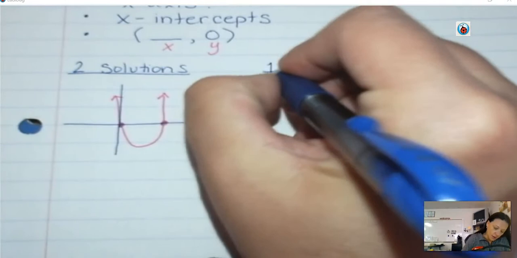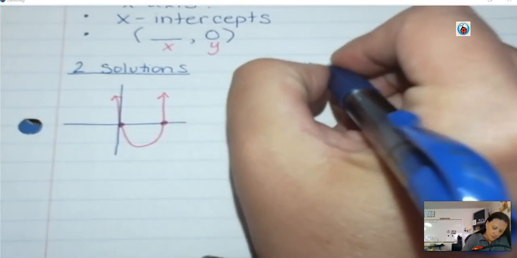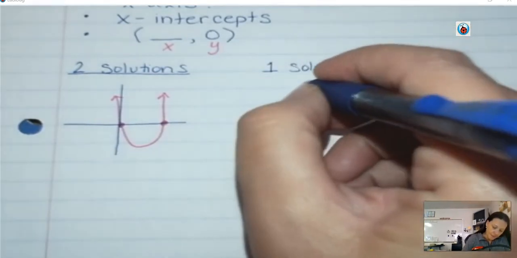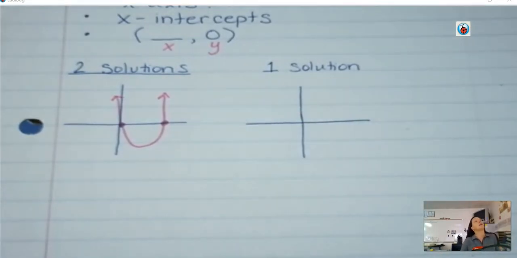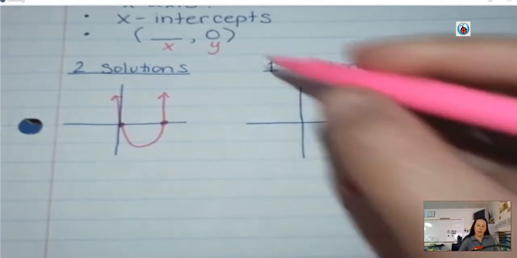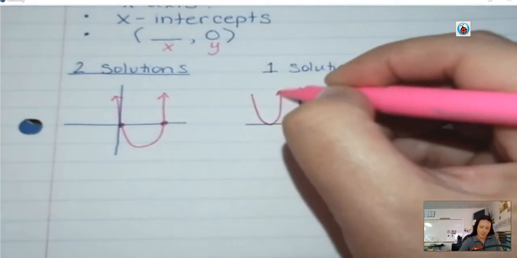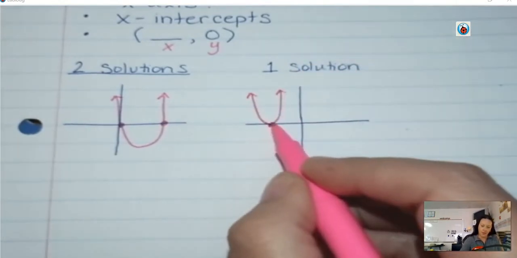You might have a quadratic that has 1 solution. If a graph has 1 solution, it only hits the x-axis 1 time. So maybe like something like this. So it hits it right there 1 time.